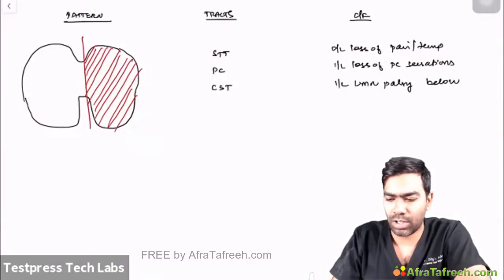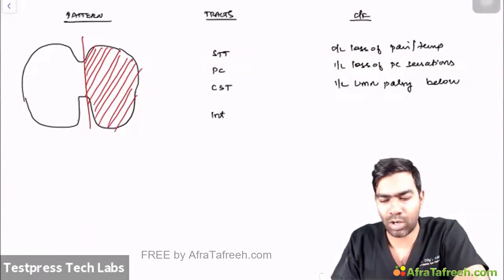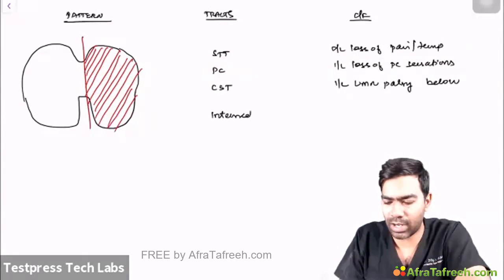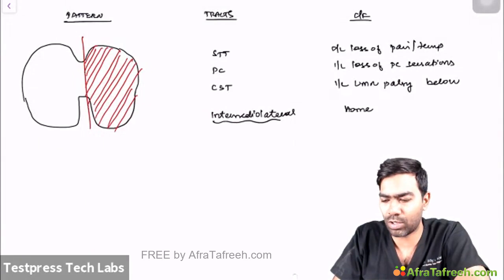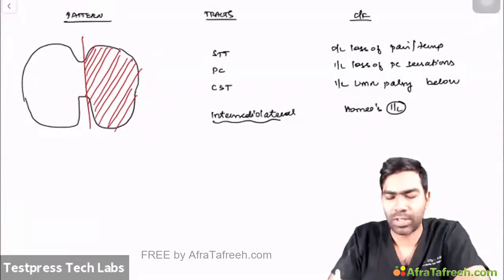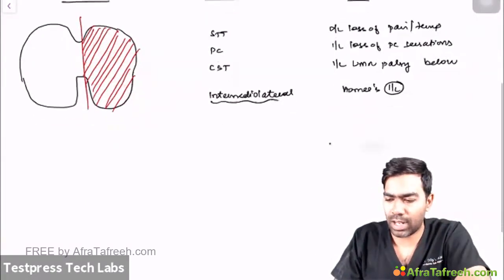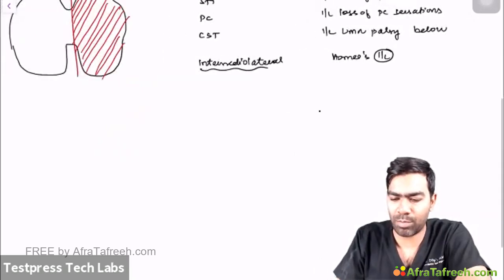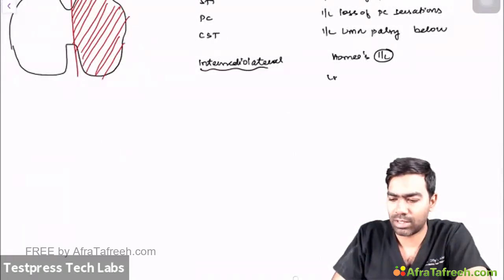So fine. Now apart from that, as I told you, if it's affecting the cervical cord or the thoracic cord, your intermediolateral nucleus also will be affected. Because of intermediolateral nucleus involvement, you might develop Horner syndrome ipsilaterally. At the same time, you can additionally have LMN type of paralysis at the site of the lesion.